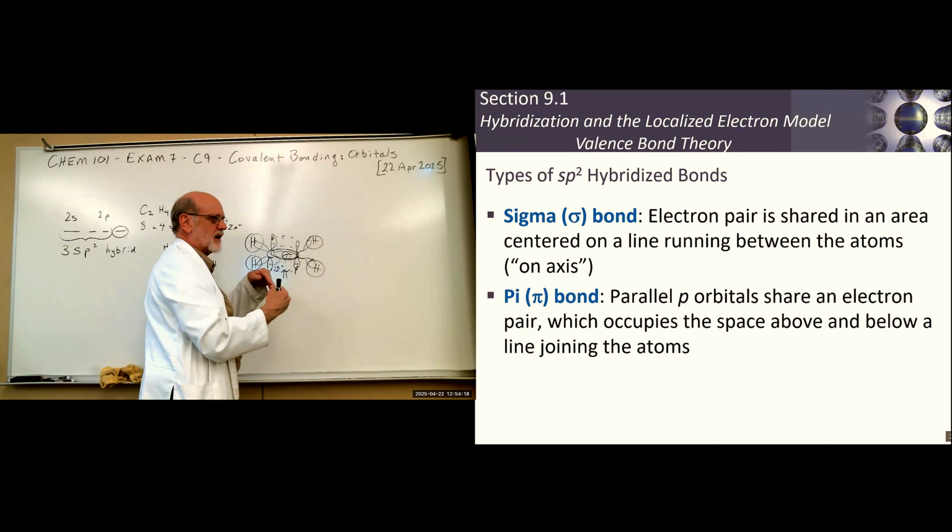Now, we determined in chapter 8 how to tell the difference between this one, that's that, or this one as the preferred Lewis structure. And we determined using formal charge that this was the better option.